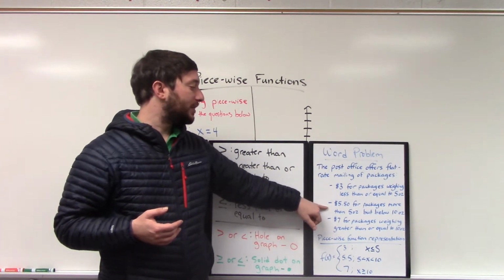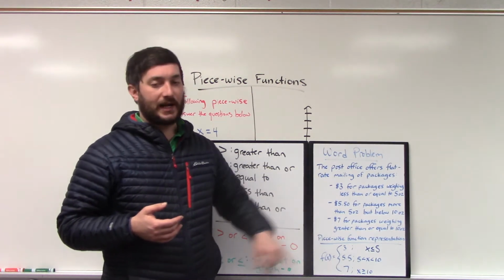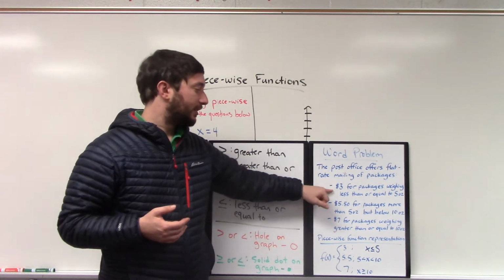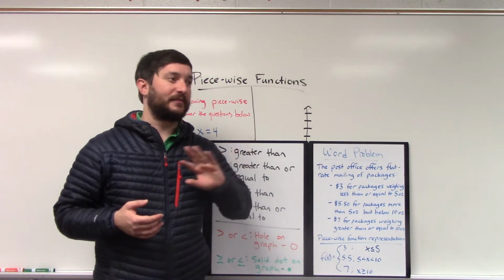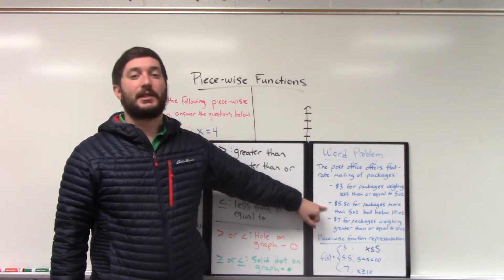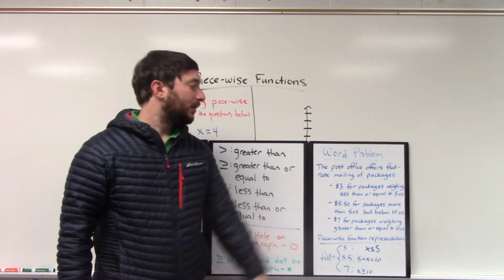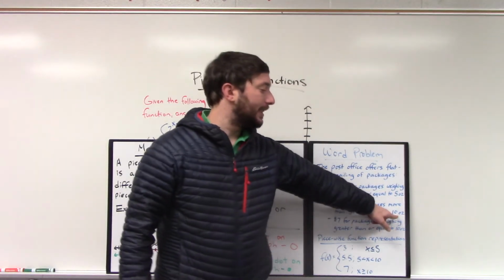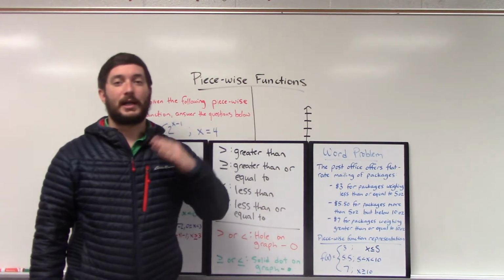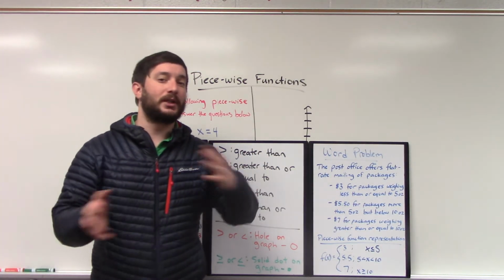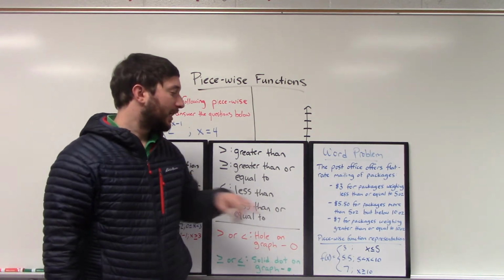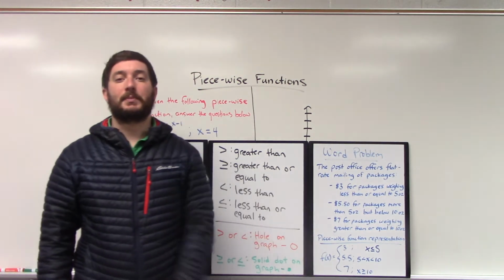But if it weighs more than 5 ounces, so not 5 ounces itself, 5 ounces can be $3, but more than that, 5.001 ounces, that now costs $5.50 to ship, and all the way up to, but below, 10 ounces. So 9.99 ounces or 5.001, anywhere in between those, or numbers that are greater than 5 and less than 10, that's $5.50 to ship those packages.